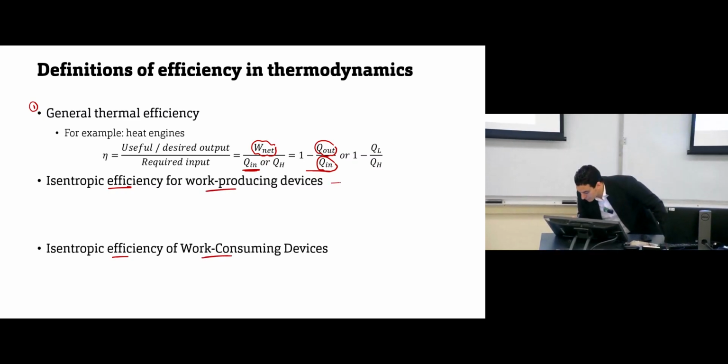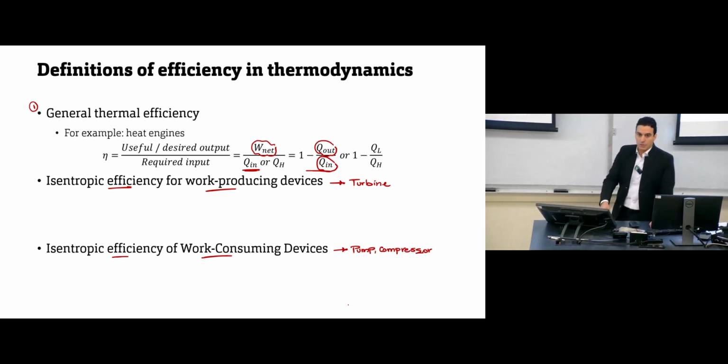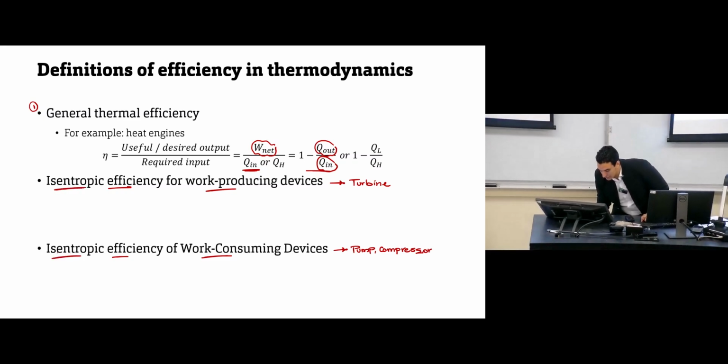An example for the first one is a turbine. An example for the second one is a pump or compressor. So we have efficiency for this piece of equipment, and this efficiency is called isentropic efficiency.